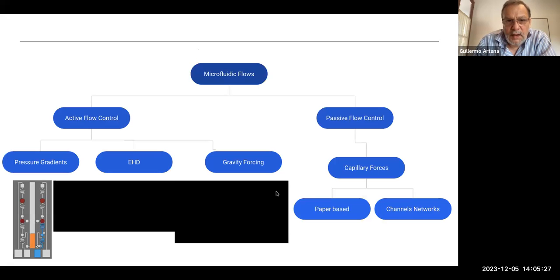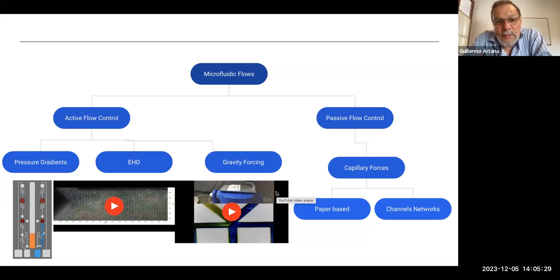A large part of my lab is related to flow control, and in microfluidics flow, a large part is also related to flow control. We usually divide flow control into two main branches.